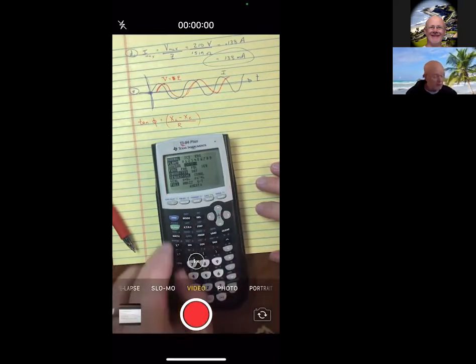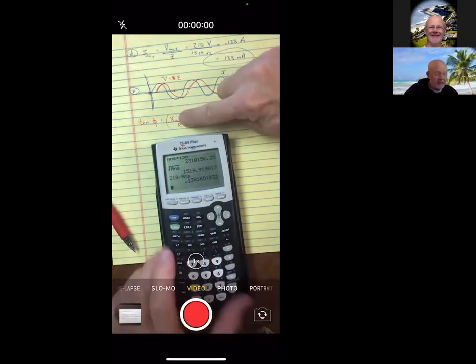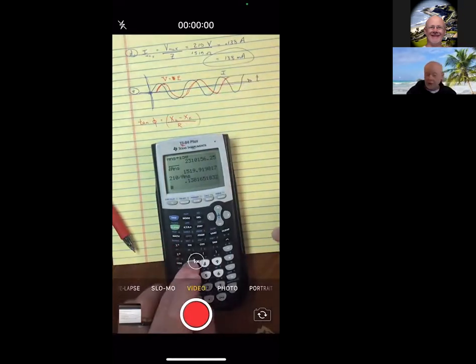So why don't we go over to degrees, just so we can give an answer in degrees. The reactance of my inductor was 78.5, and the capacitor 1,519.